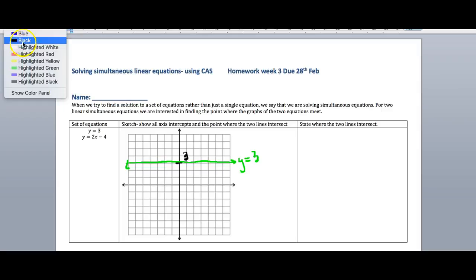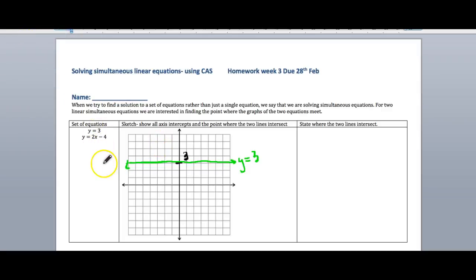Now drawing the other line, 2x minus 4. The y-intercept is -4, so I'm going to put that on here. 1, 2, 3, 4. There it is there. I'm just going to write -4 here. Now your x-intercept is when y equals 0, so you can do that on the CAS calculator if you like.